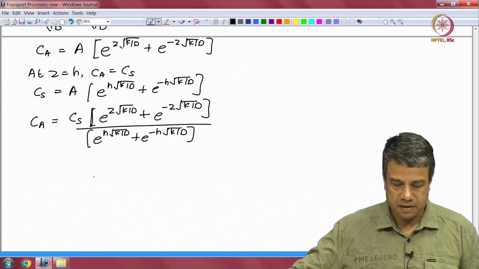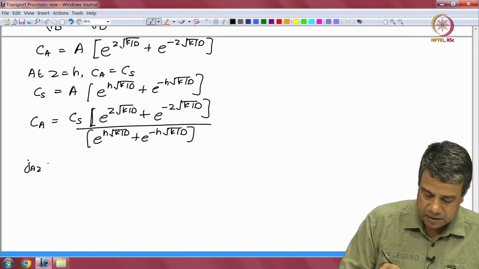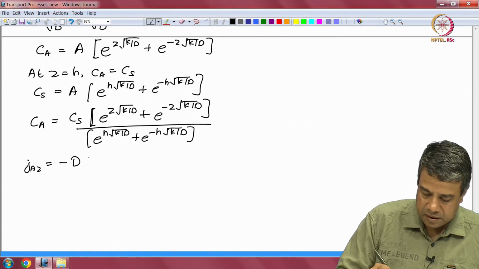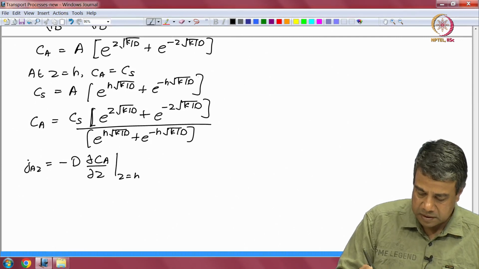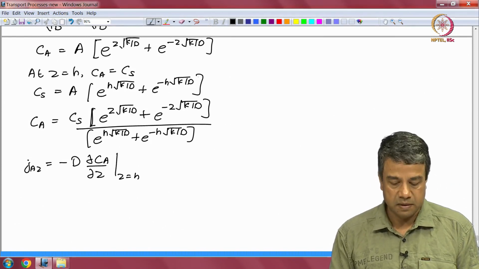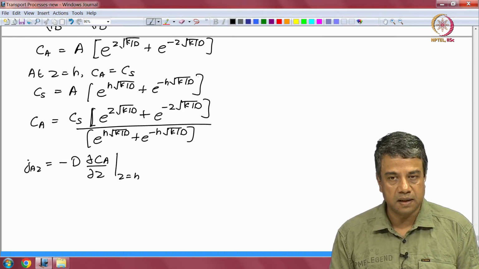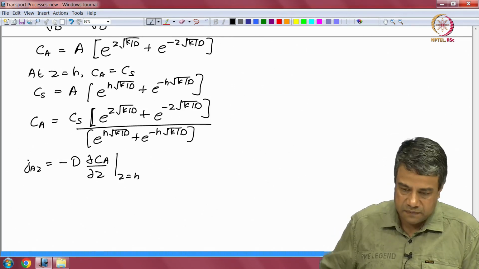Now, the flux at the surface, the flux of A at the surface, is equal to minus d partial C A by partial z at z is equal to h. This is the rate at which the gaseous species is being consumed in the liquid. That is the flux at the surface.